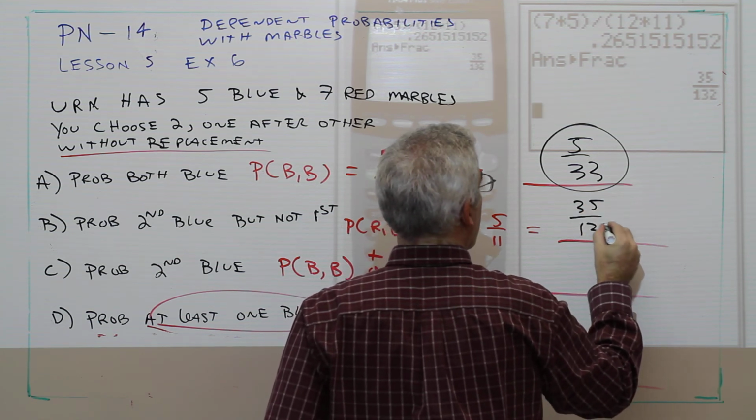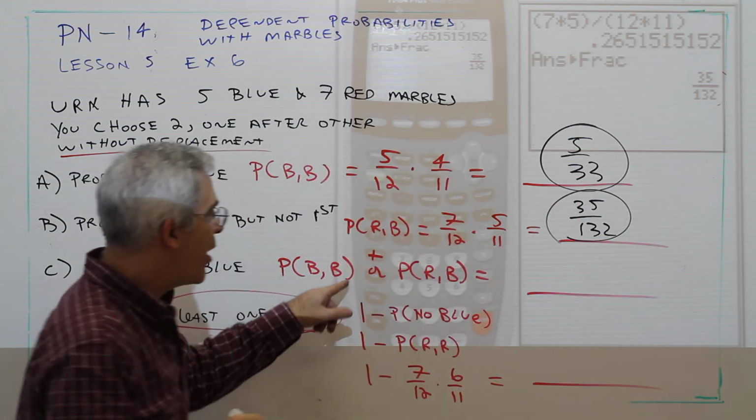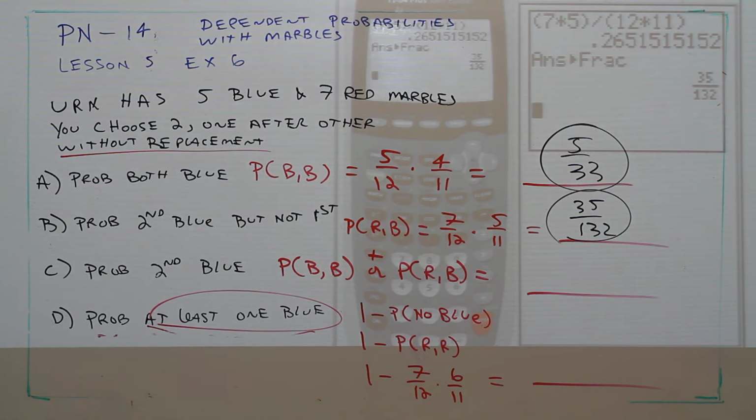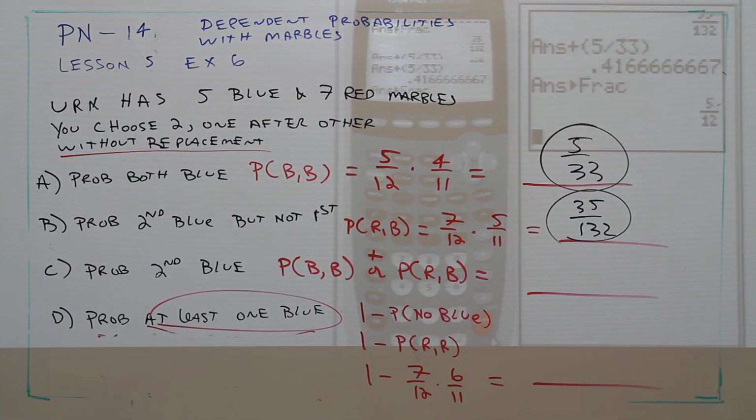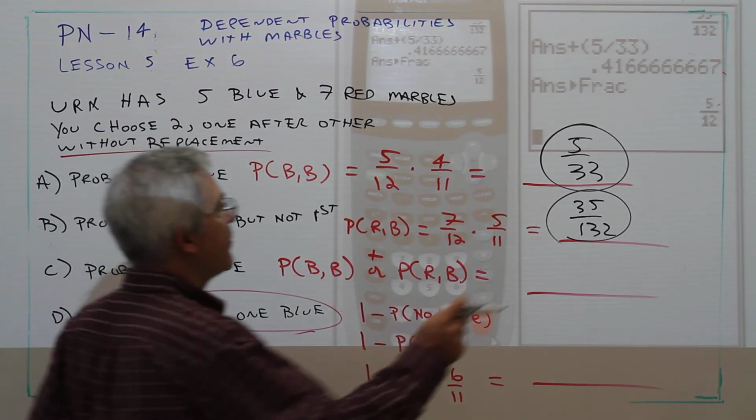This one was just the sum. So since I've already got 35 over 132 on the screen, I'll just add it to 5 over 33. Again, I'll go math frac and get 5 over 12.